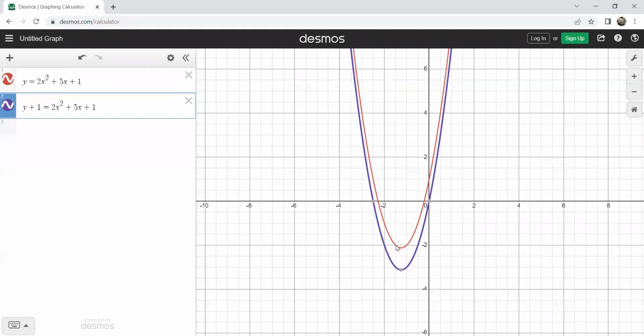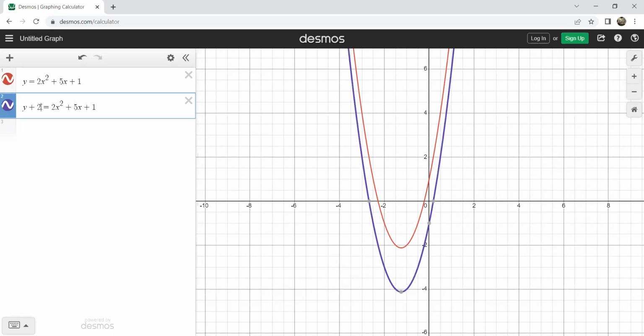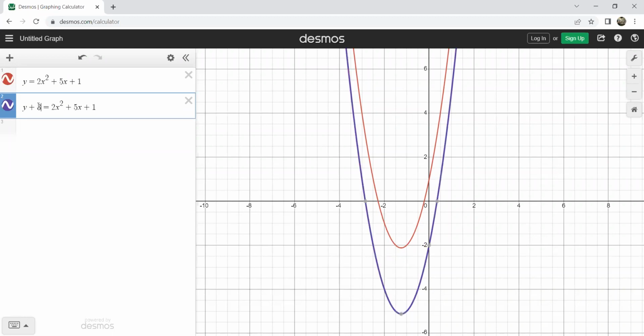Okay, this is my original graph. I added 1 to my y value, and the graph drops 1 unit downward. What if I add 2? Ooh, it's going further down. Adding 3 to my y, going further away downwards.